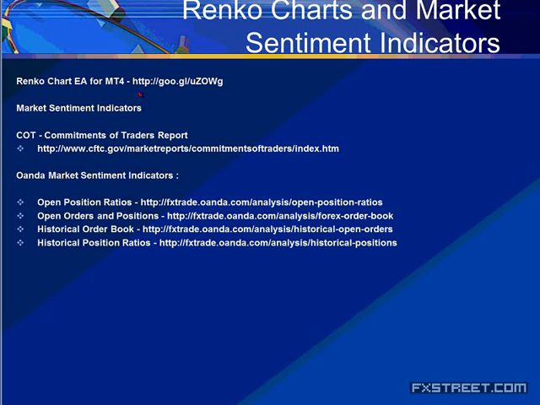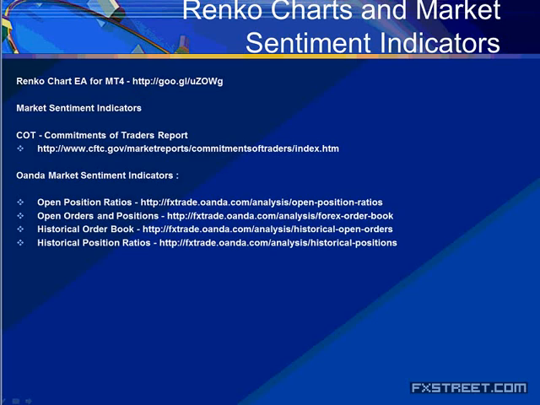In the past 2 webinars, we talked about market sentiment indicators. We talked about the COT, the Commitment of Traders report, to define the best pairs to trade for the week, to be included in our portfolio, and the other tools that I use mainly every day: the market sentiment indicators provided by Oanda.